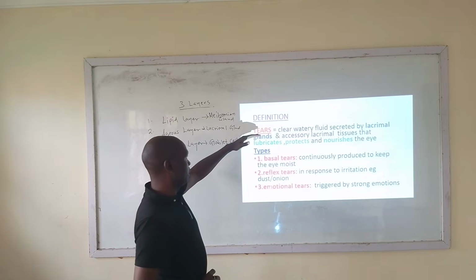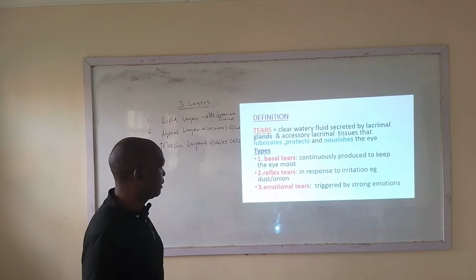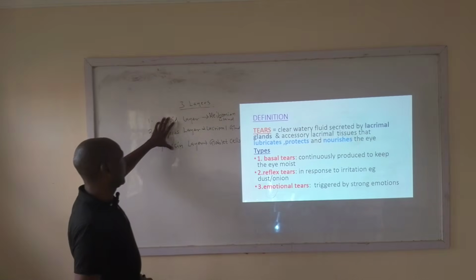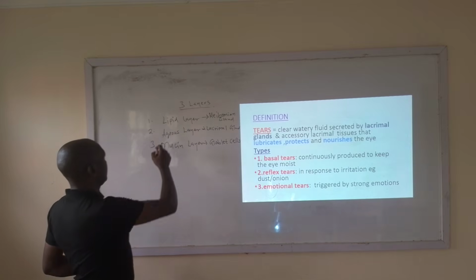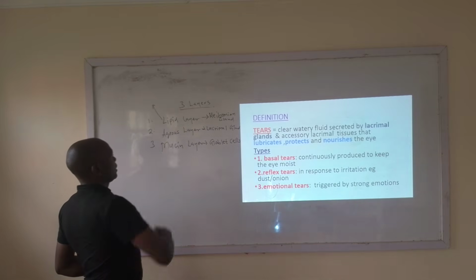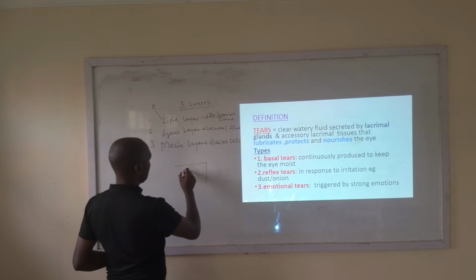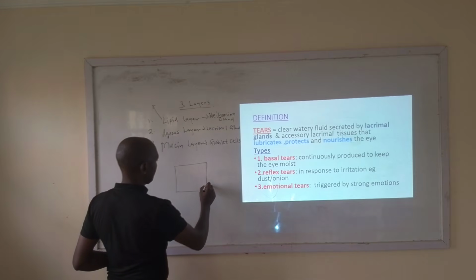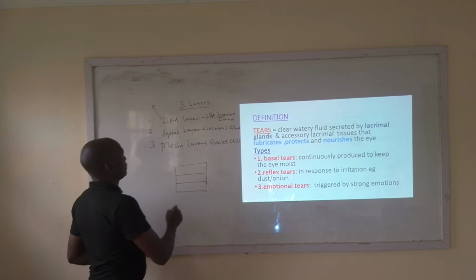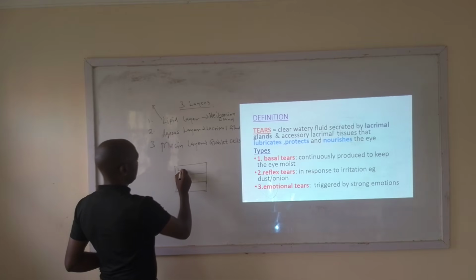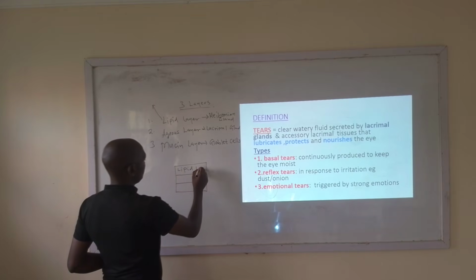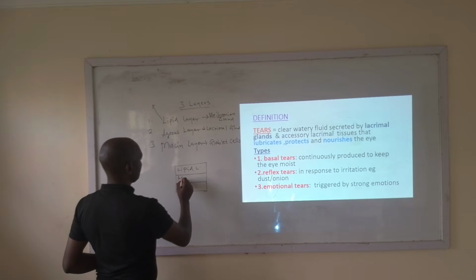So as you see, the tear itself, we call it tear film because it has these three layers. When you look at the arrangement of the tear film, we have the outermost layer, which is the lipid layer, then the middle layer, which is the aqueous layer, and then we have the mucin layer.